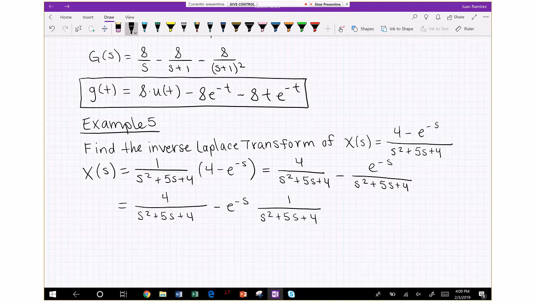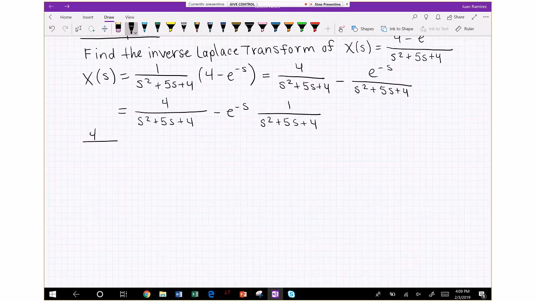All right, so the first one we'll decompose is the 4 over s squared plus 5s plus 4. If we recall, the first step to decomposing is to simplify that denominator, which we can do, right? It's equal to 4 over (s plus 1) times (s plus 4).